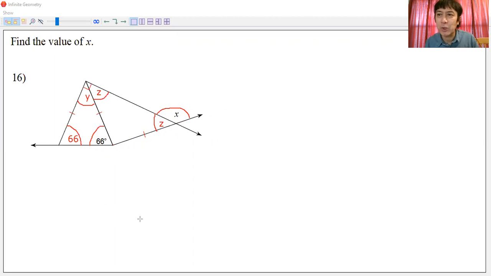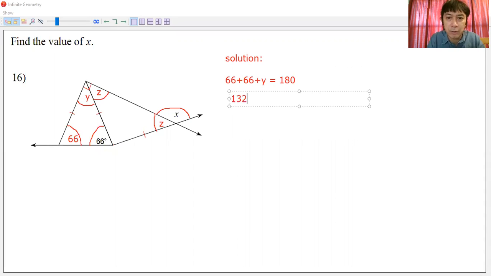All right, so we're going to solve this in sequence. We will get y and then z and then x. So let us start. Our first working equation will be from the first triangle: 66 plus 66 plus y must be equal to 180.